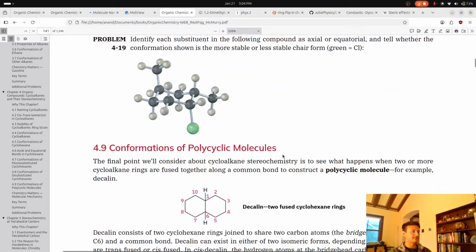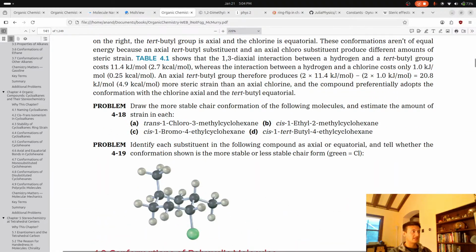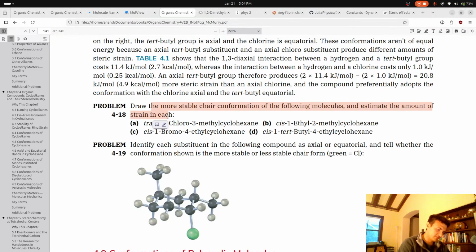I think I need the difference. Estimate the amount of strain in each. So the strain here for A is going to be 2 kilojoules per mole, versus here it's going to be 2 times 3.8, which is 7.6. So the delta is going to be 5.6 kilojoules per mole.